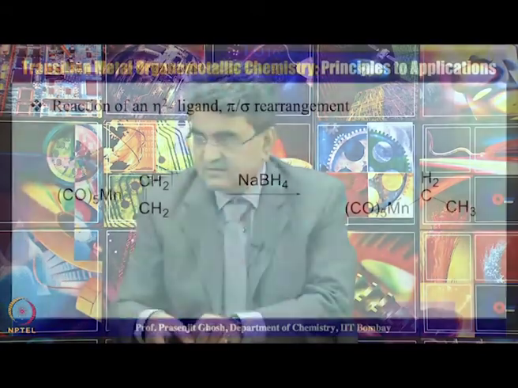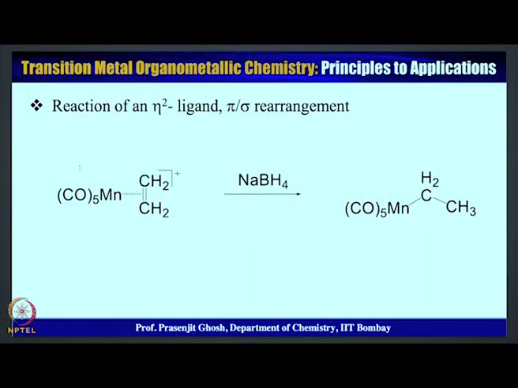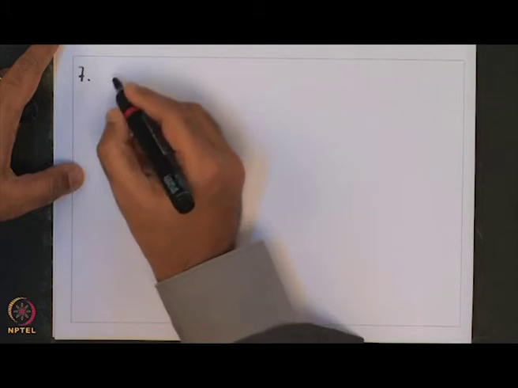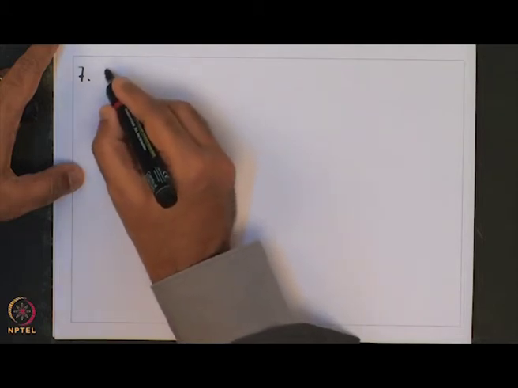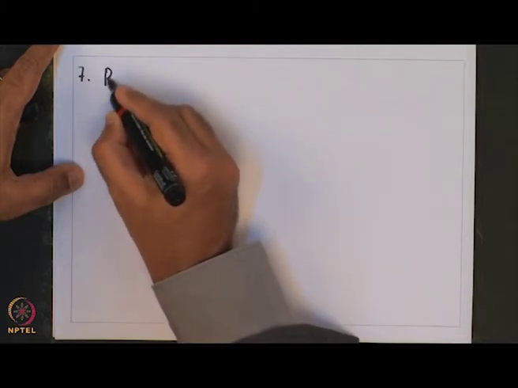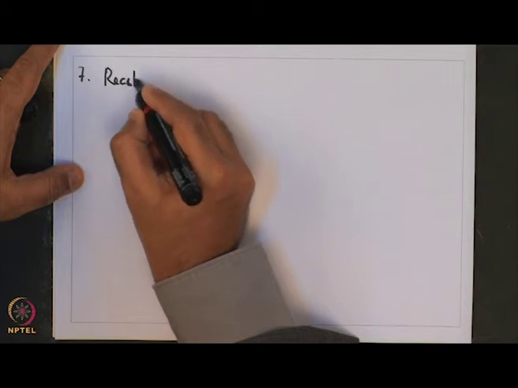Another method is ligand sigma pi rearrangement, and that is shown over here. This is the seventh method of preparing sigma alkyl complexes.